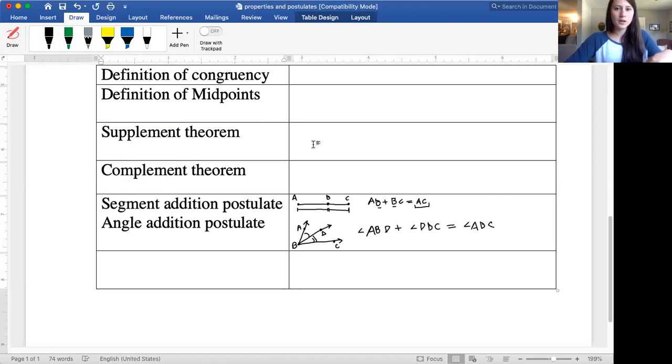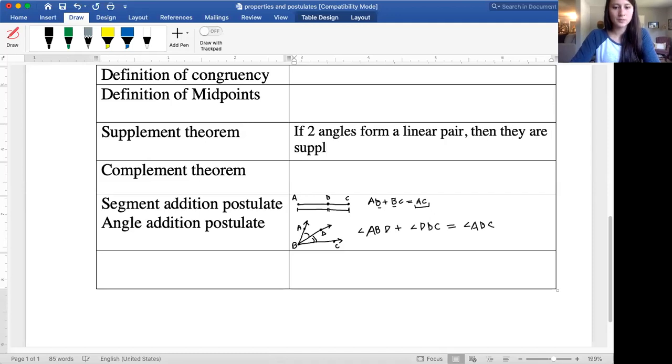So the supplement theorem, I'm going to write out the definition. You can write this down. Then I'll describe it with a picture. If two angles form a linear pair, then they are supplementary angles. Now, this might be kind of a duh statement, right? Because you're reading this, you're like, well, I know that.